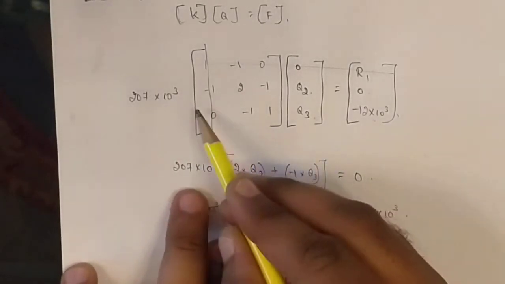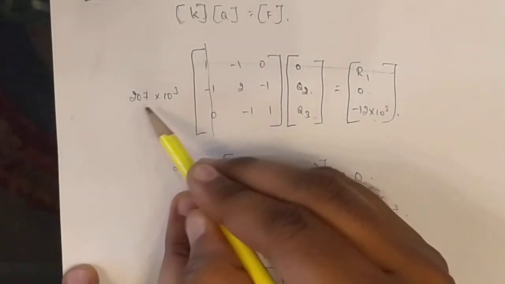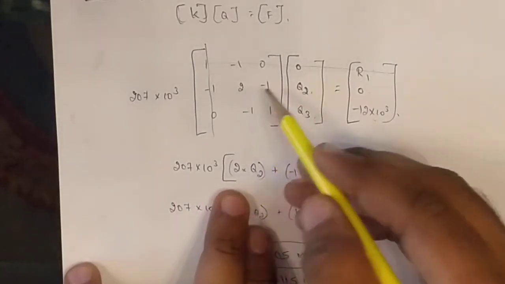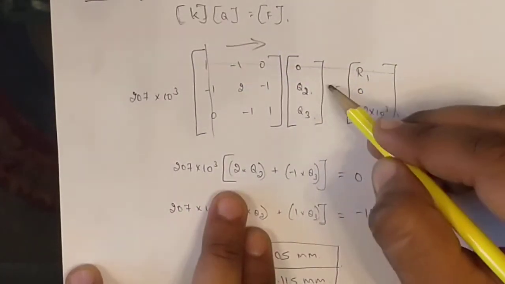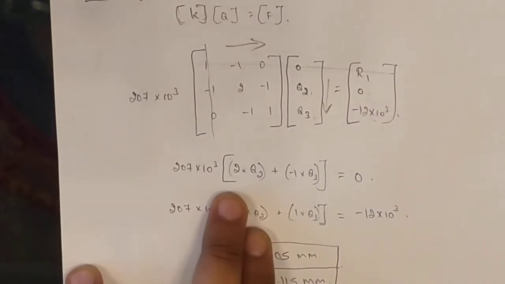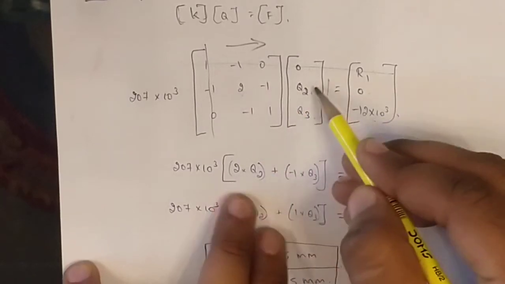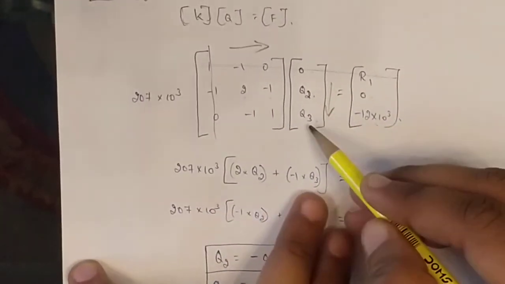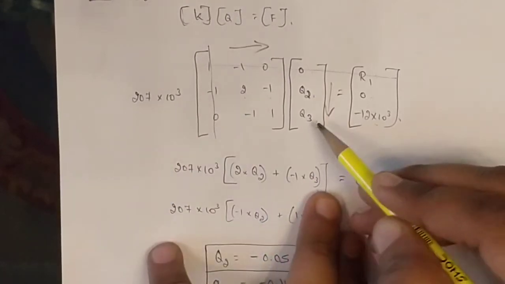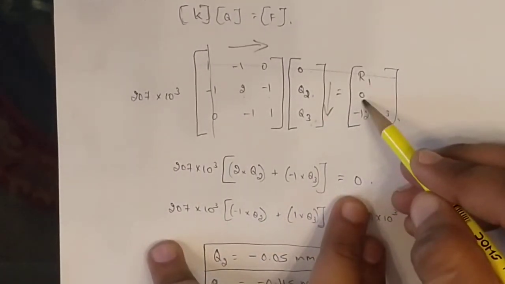So I'll write the equation: 207 into 10 power 3, just multiply the matrix, first row and the first column, is equal to this. So 2 into Q2 plus minus 1 into Q3 is equal to 0.